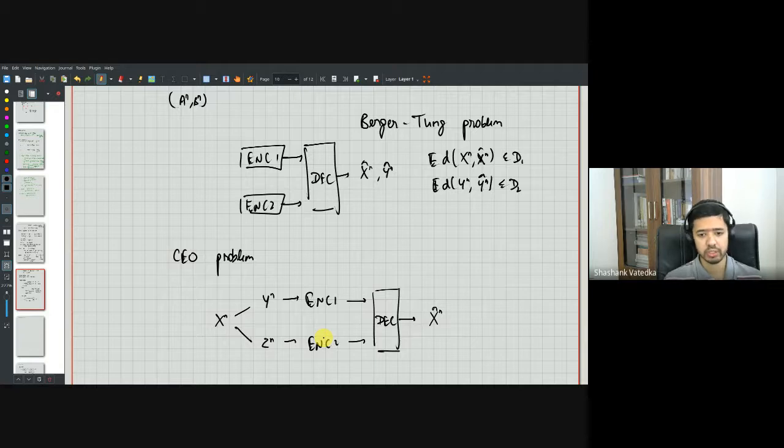Ultimately, most inner bounds make use of ideas of typicality. They use some sort of joint typicality encoding and decoding, and converses typically involve Fano's inequality in some form or the other, but probably we need completely different approaches in order to solve all of these problems completely.